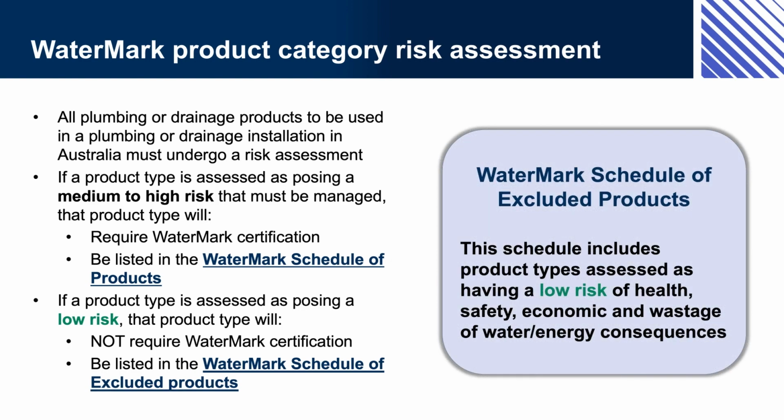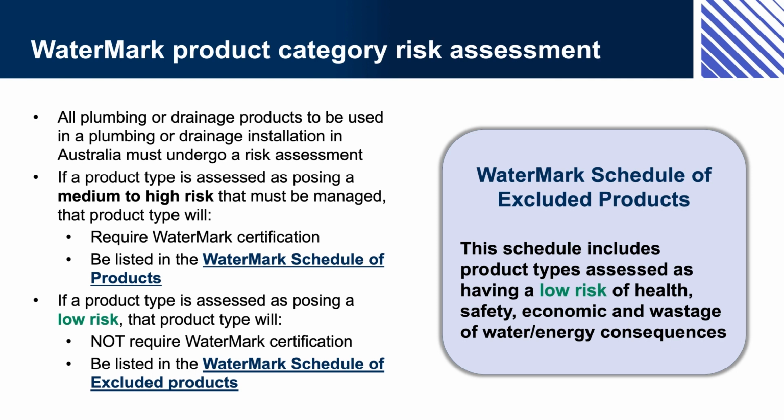WaterMark Schedule of Excluded Products, WMEP, lists products which don't need to have WaterMark certification. If a product is not listed on either schedule, then a risk assessment must be completed to determine whether certification is required. The Risk Assessment Protocol is Appendix 3 of the Manual for the WaterMark Certification Scheme, which can be found on the WaterMark website.